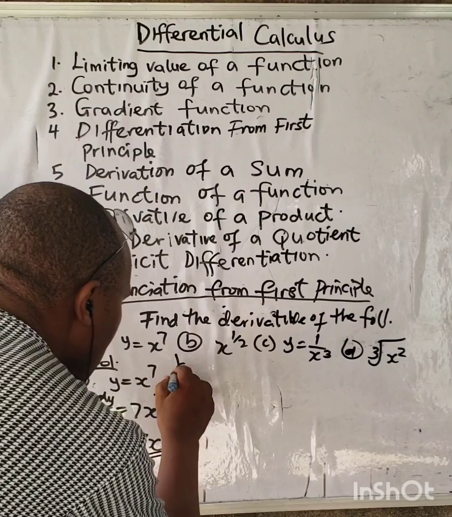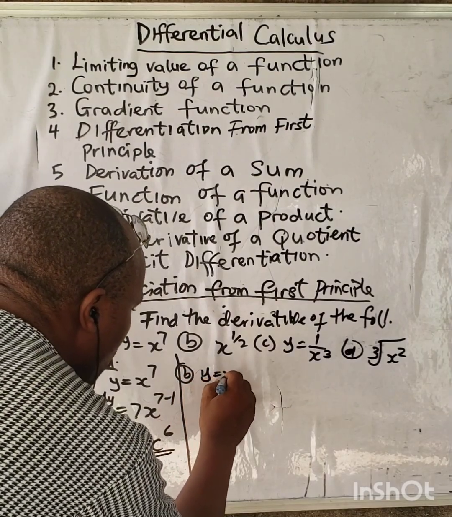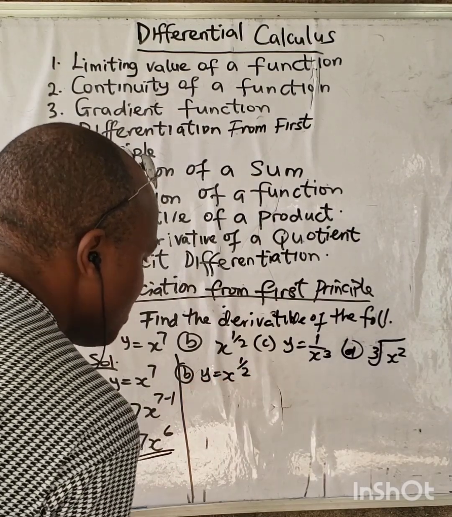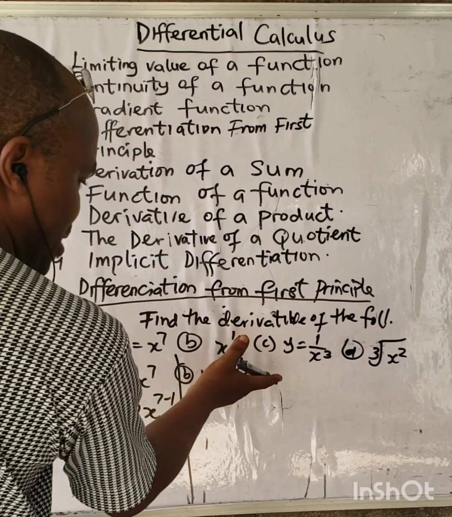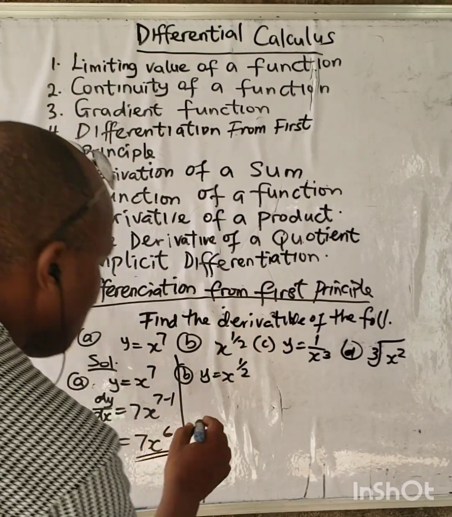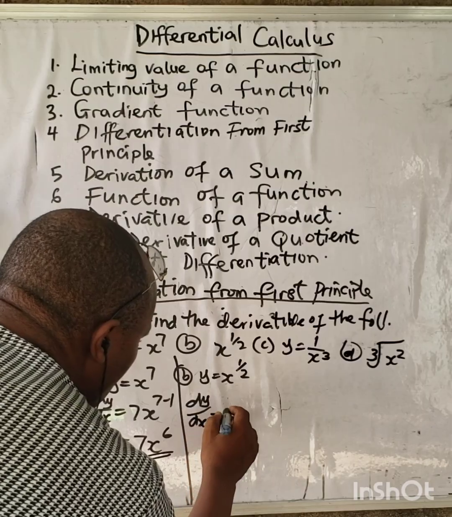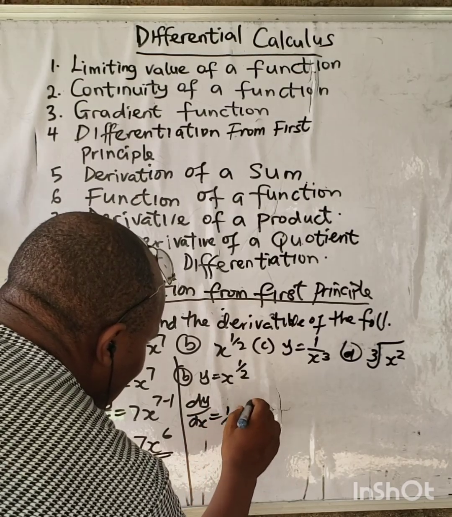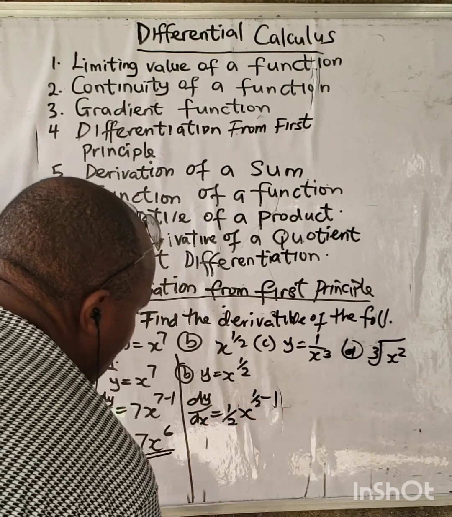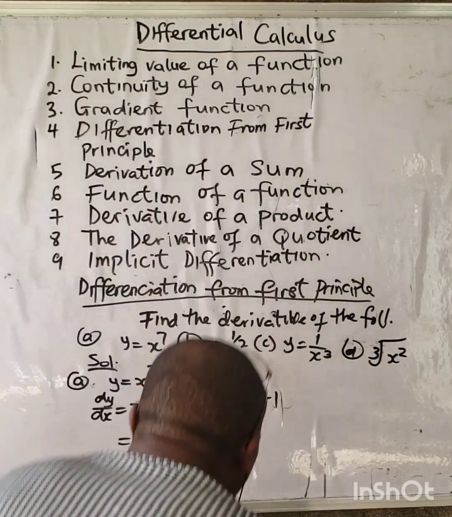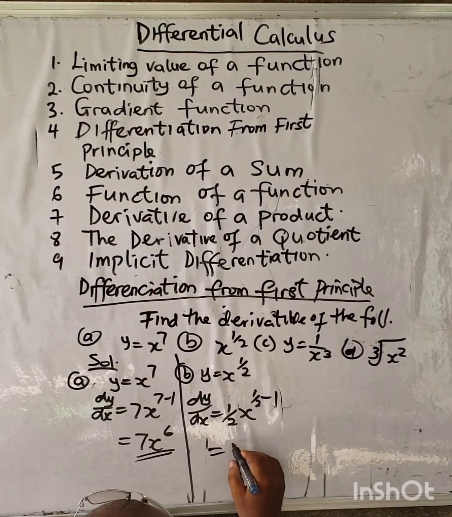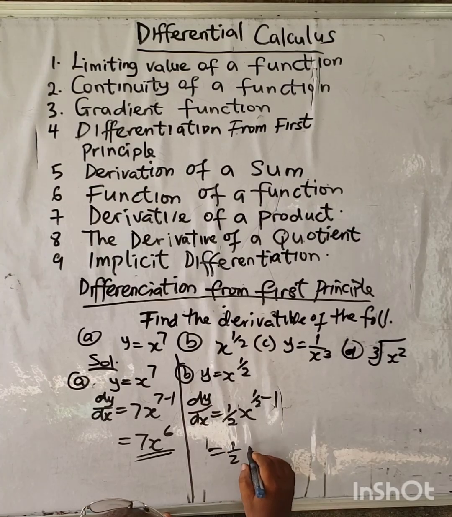B, y equals root x. The same thing we applied here is going to be applied here. This will be dy/dx equals half x to the power half minus 1. Remember, this will become 1 all over 2 times x raised to power minus half.